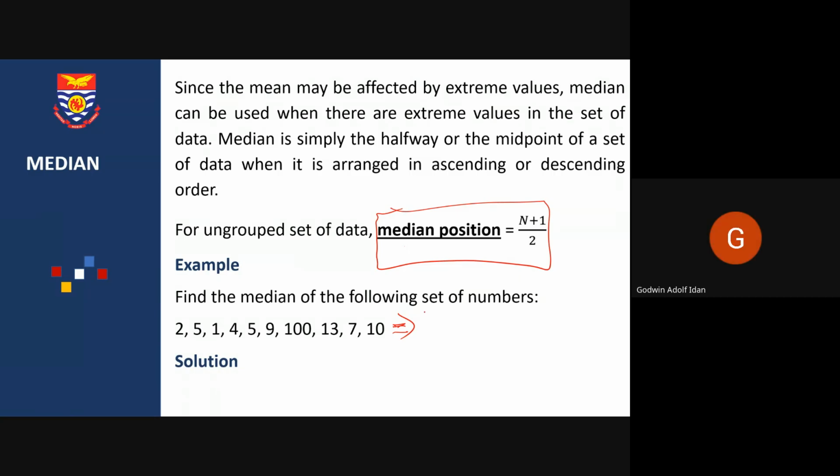So which one comes first? 1, then 2, then the two 5s, then 7. The 4 is in there too; you didn't leave out the 4.